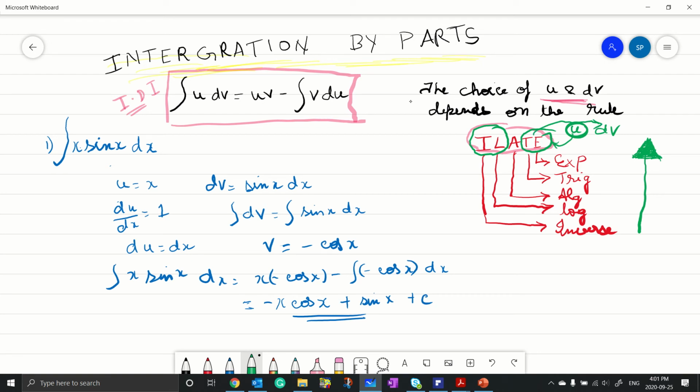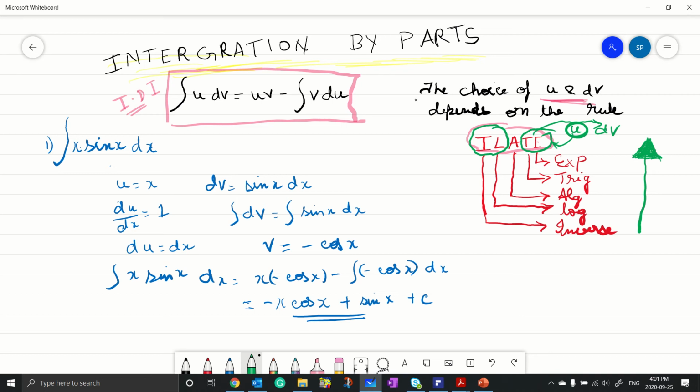So these two pairs of functions are interchangeable: inverse and logarithmic, and trigonometric and exponential. We can exchange them and still get the answer. But for other functions, if all these functions exist, you must follow this rule.